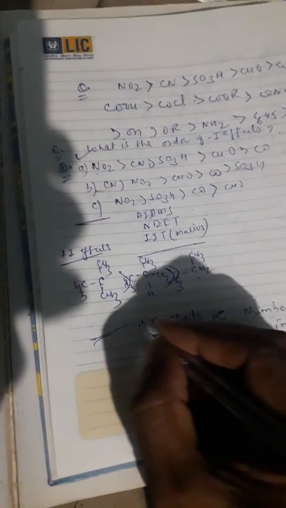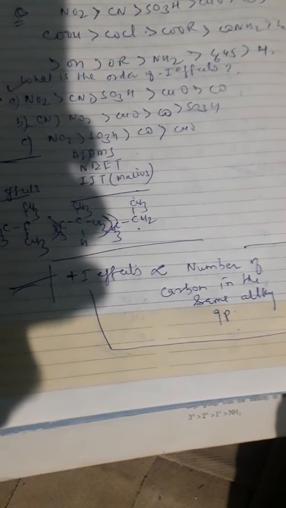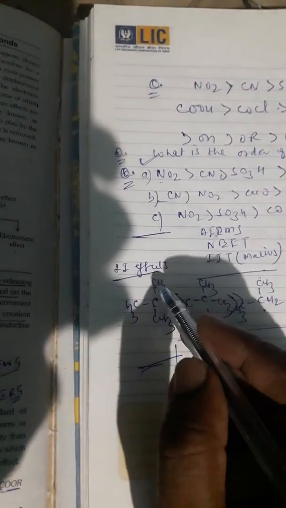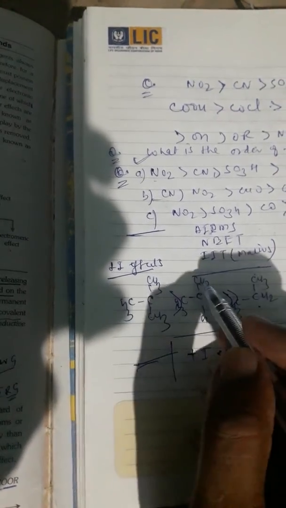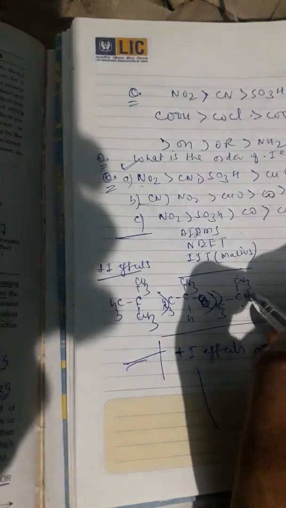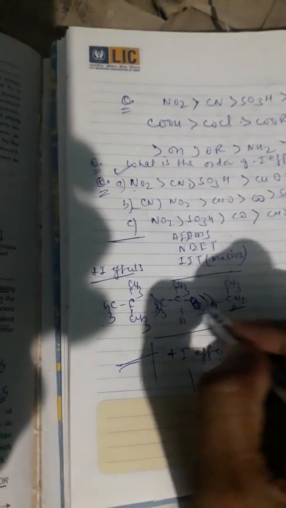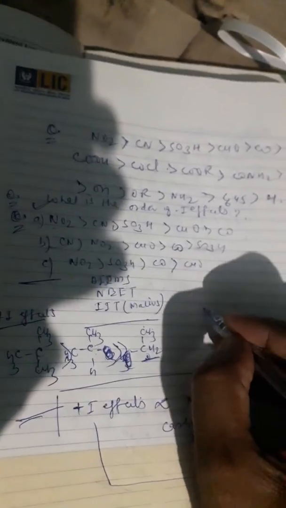You can mention this formula in your notebook. Here there are 3 carbons, here 2 carbons, here only 1 carbon. This is the primary, this is the secondary, this is the tertiary.